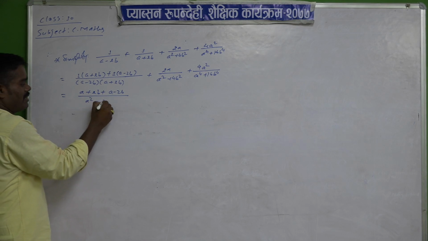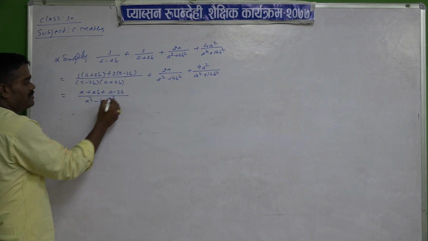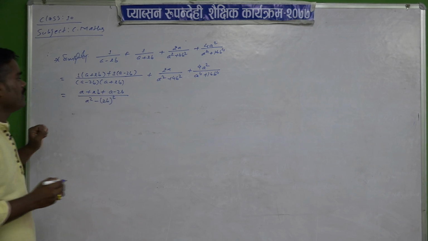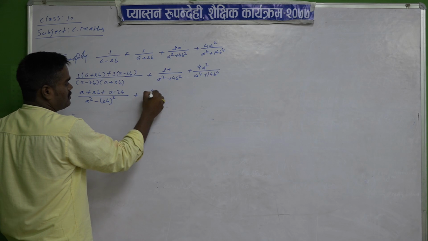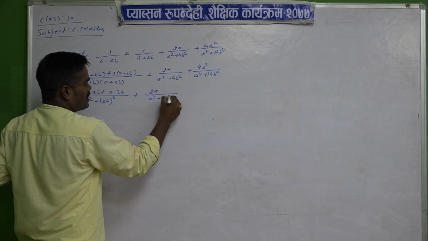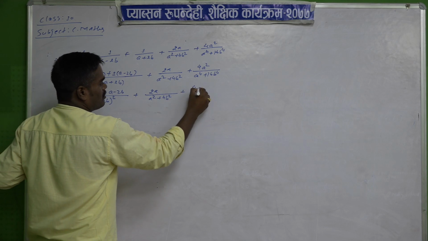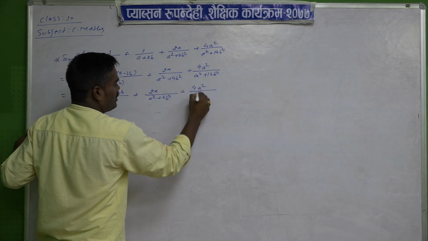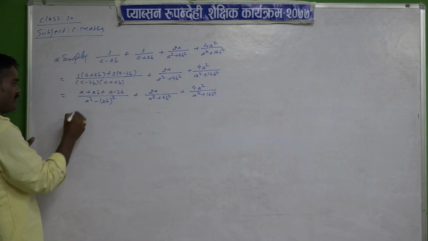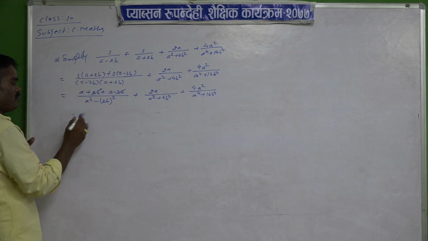So a square minus b square means in place of b, 2b is there, so (2b) whole square, plus 2a square plus 4b square plus 4a square upon a power 4 plus 16b power 4. So minus 2b plus 2b what?